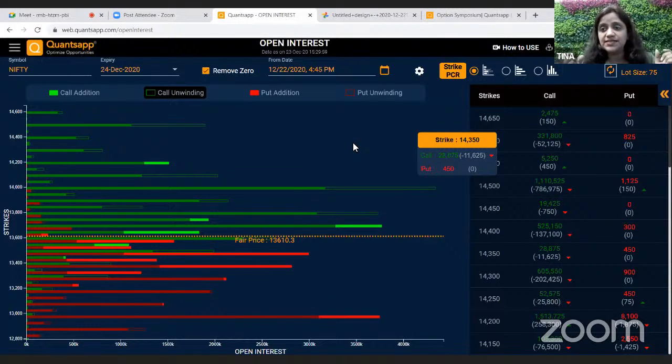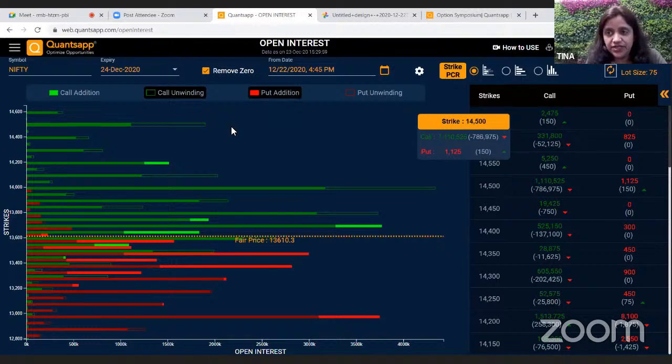You can see the size of the bar and gauge that this was the highest one, today it has shed considerably and the prices are just moving out. That shows the writers are really feeling the pain. At times you might see prices going higher, but we don't see much shakeout, so it could be just a temporary phenomenon.